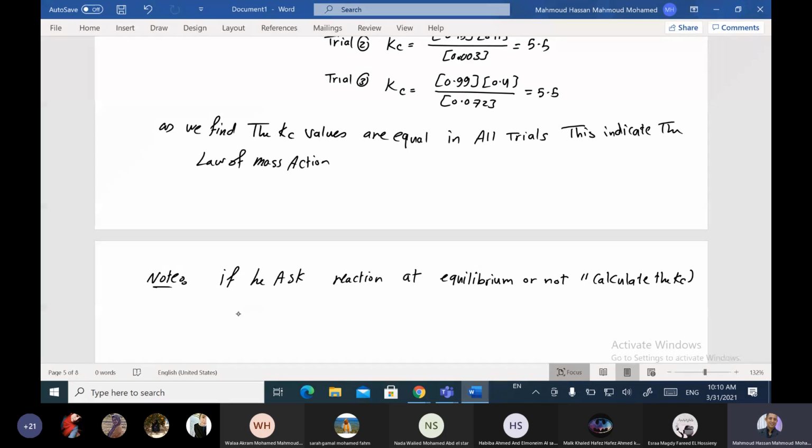If the values are equal in the trials, then the reaction is at equilibrium.